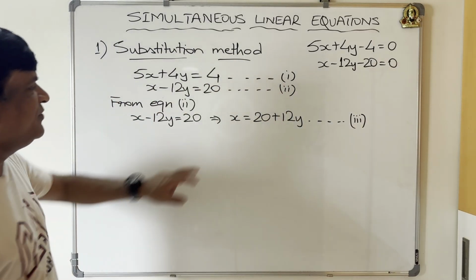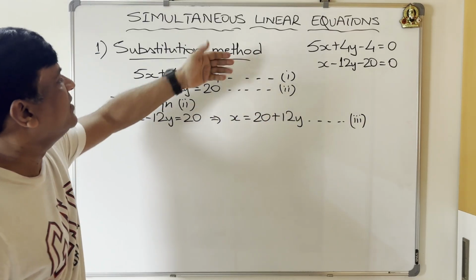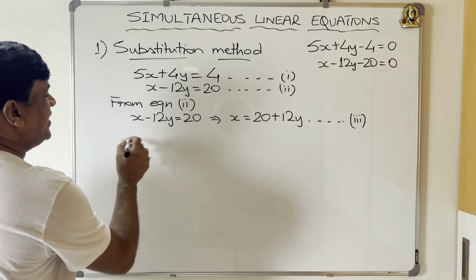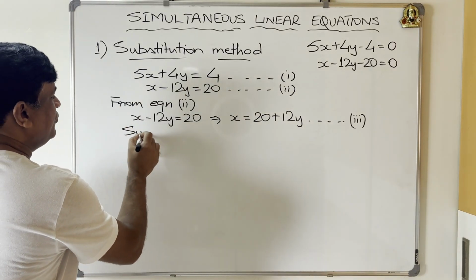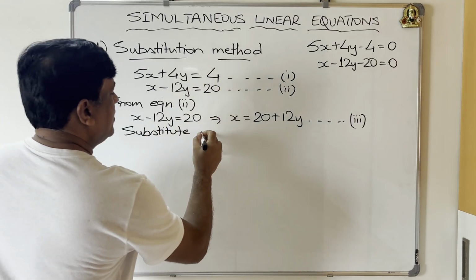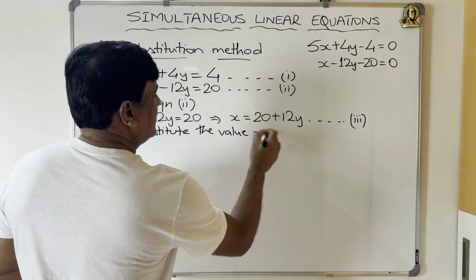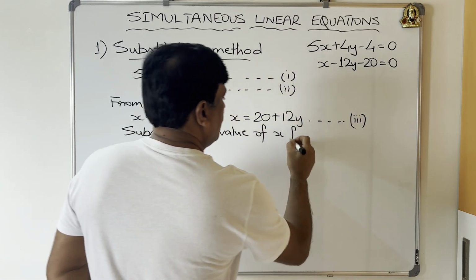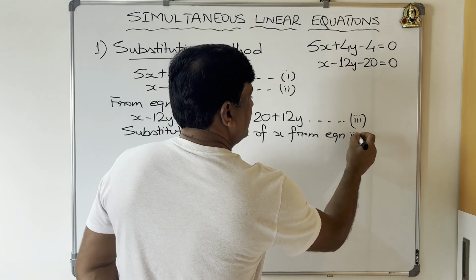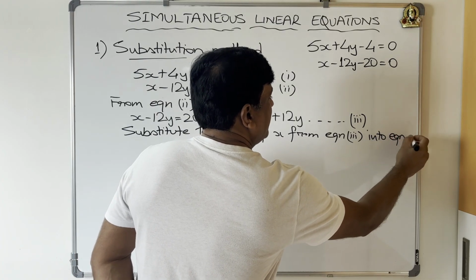Now I'm going to use this value of x and substitute it in equation 1. So what do I write? Substitute the value of x from equation 3 into equation 1.